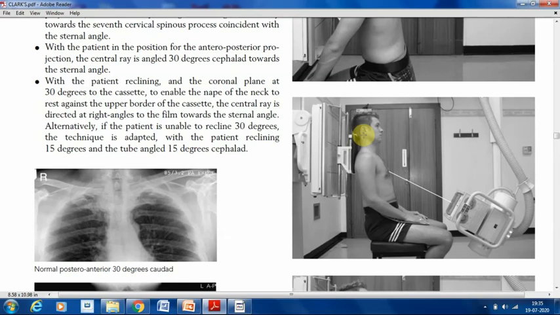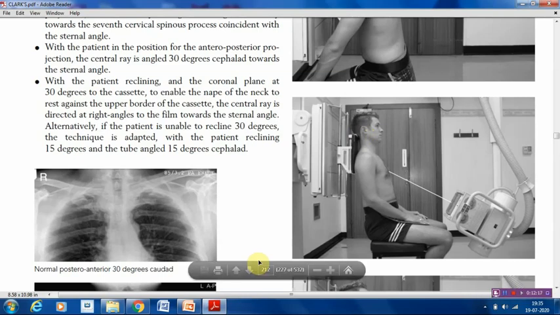Any one radiographic positioning can be taken, but sometimes we call it a modification. In one radiography itself we may be able to see, but sometimes it is needed.